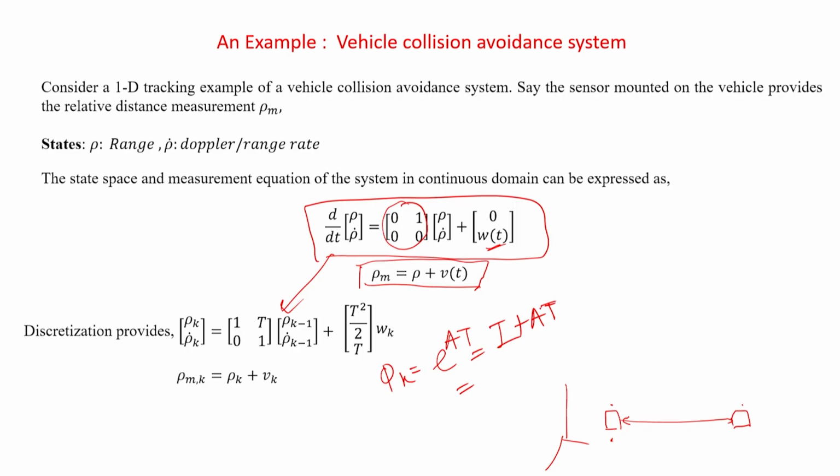If you do it, you get [1 T; 0 1], simple. And W is here, so your B matrix actually becomes [0 1]. There is a formula that I will tell next. If you do this discrete equivalent, you get [T square by 2; T]. I will show it in the next lecture, so I won't discuss it here. And this is a discrete sequence of your range measurement.